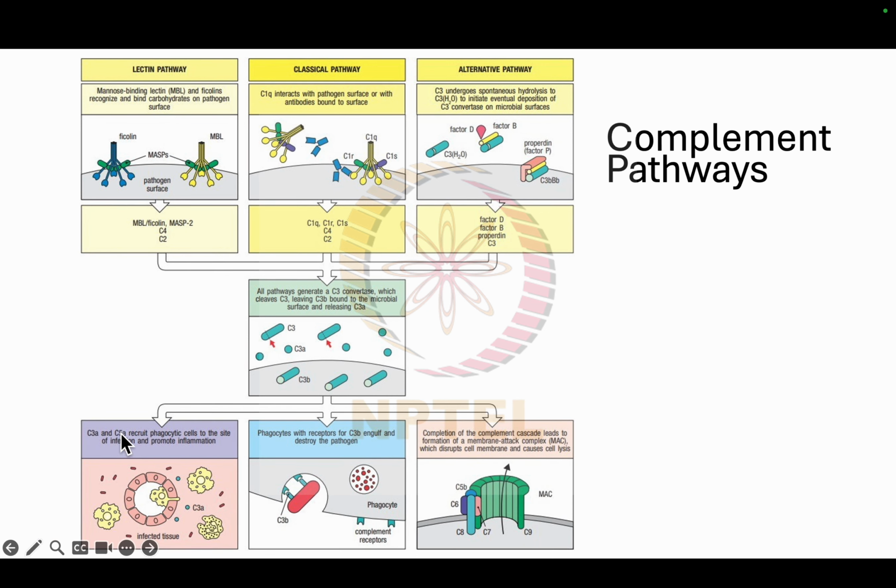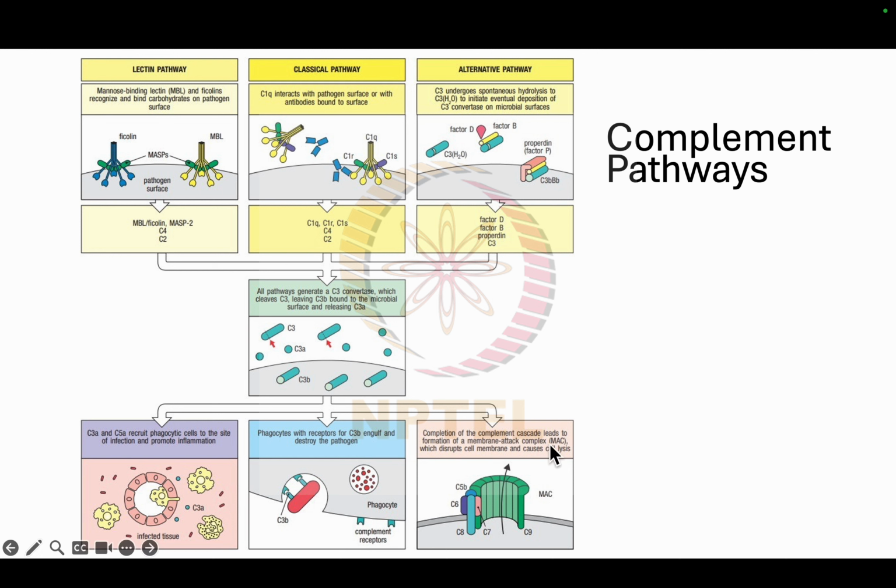C3a and C5a recruit phagocytic cells to the site of infection and promote inflammation. Then phagocytes with receptors for C3b engulf the pathogens associated with C3b and destroy them.